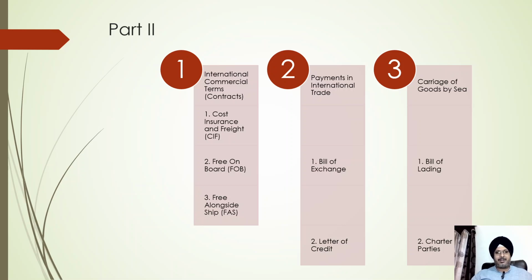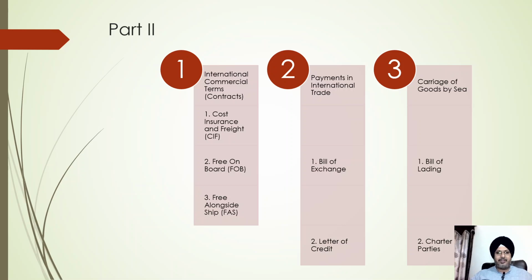Now, the second part of international trade law has three topics. One is international commercial terms, or you can say, contracts. There are three major terms which are used frequently in international commercial transactions. One is CIF, cost, insurance, and freight. Another is free on board, and a third is free alongside ship, FAS.